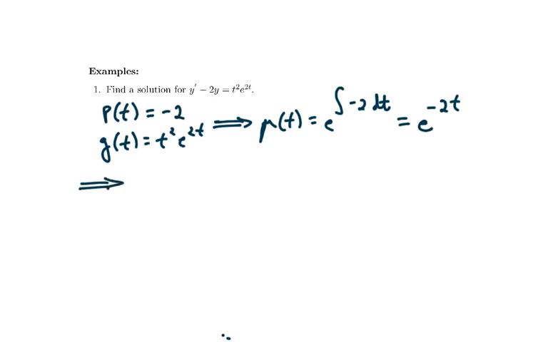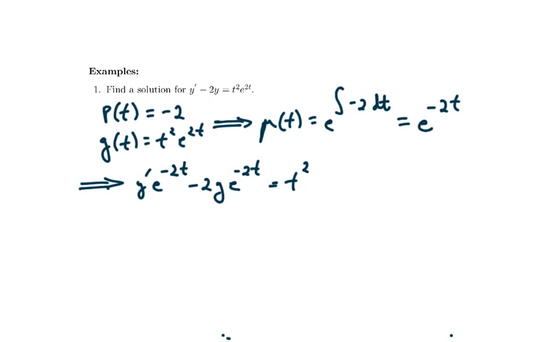So that is going to give us y prime e to the -2t minus 2y e to the -2t equals t squared. So e to the 2t times e to the -2t is e to the 0, which is 1. So that's why I don't have an exponential on the right-hand side.